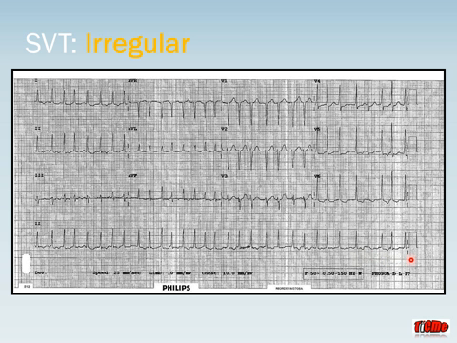And the final question with this rhythm is the baseline regular and isoelectric, or is it moving around? And the answer is there's no isoelectric period in the baseline. It appears to be uneven. So this is very simple.